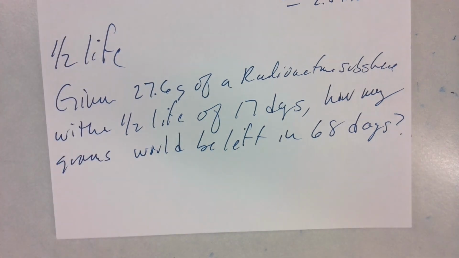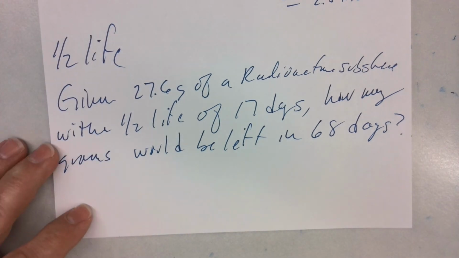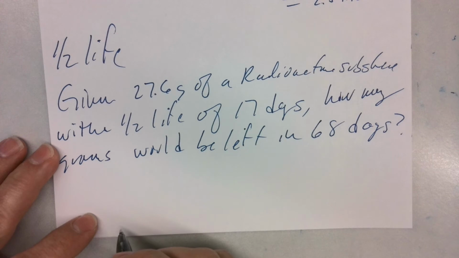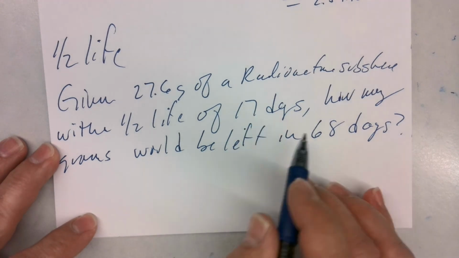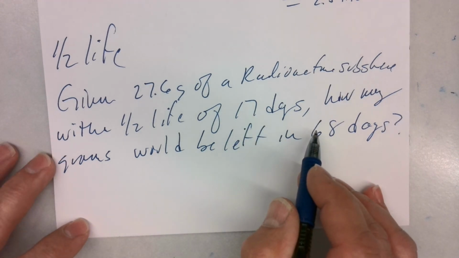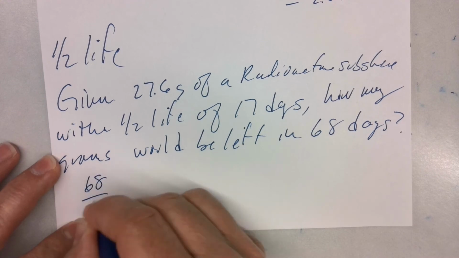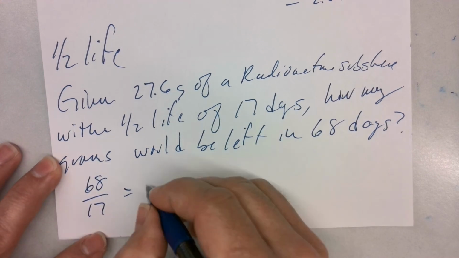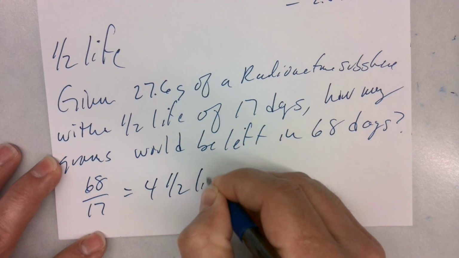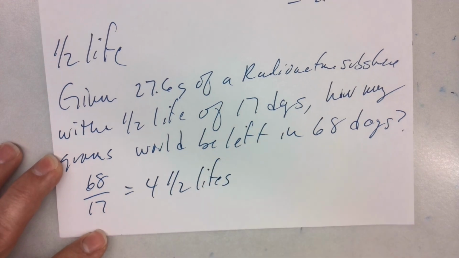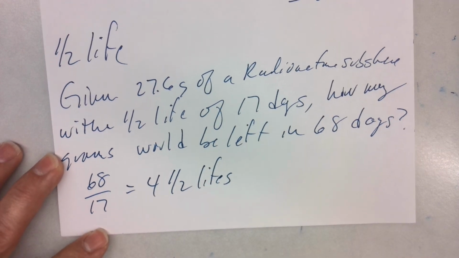Yeah, you divide 68 by 17, find out how many half-lives. So 68 divided by 17, and that's going to give me, is that 4? 4 half-lives. Okay, and then what do I do?